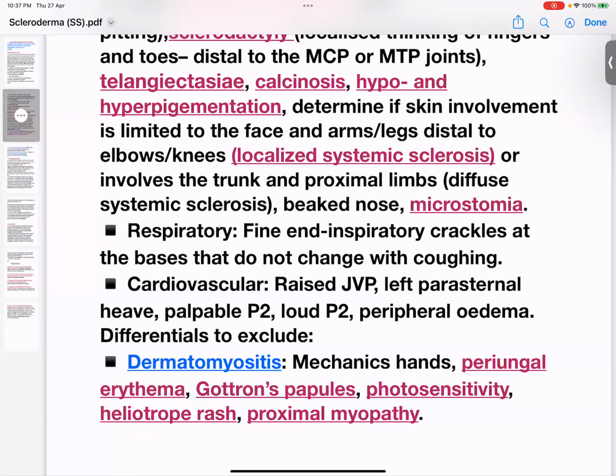Respiratory: fine end-inspiratory crackles at the bases, which do not change with cough. Cardiovascular: raised JVP, left parasternal heave, palpable P2, loud P2, peripheral edema. All this will give us the manifestations of pulmonary fibrosis, pulmonary hypertension and cor pulmonale.